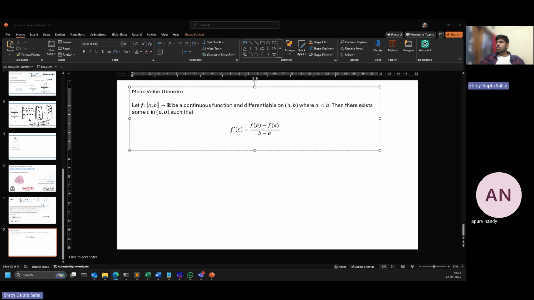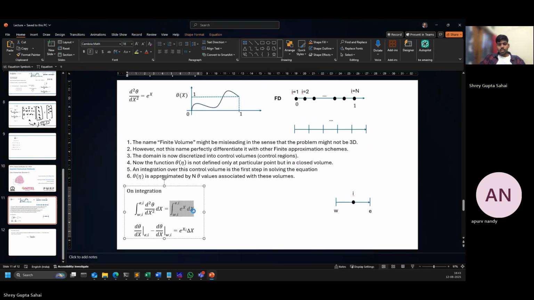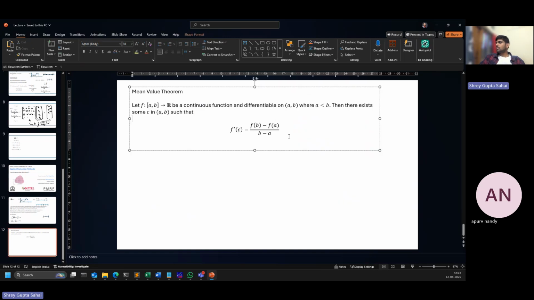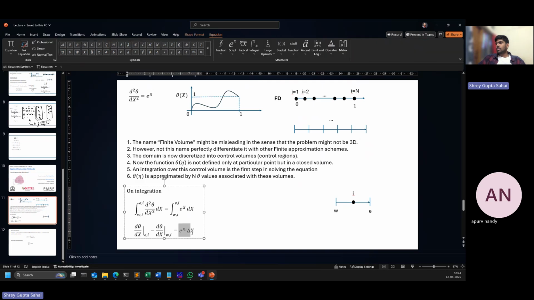So to make this approximation, what was the approximation we made?